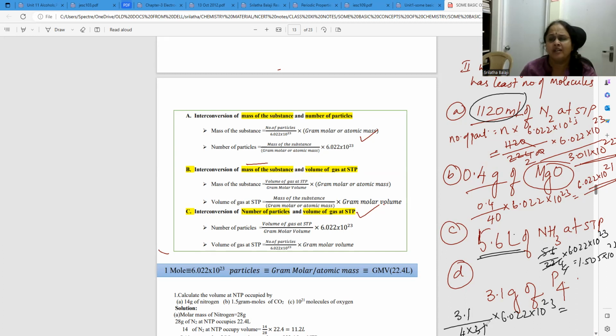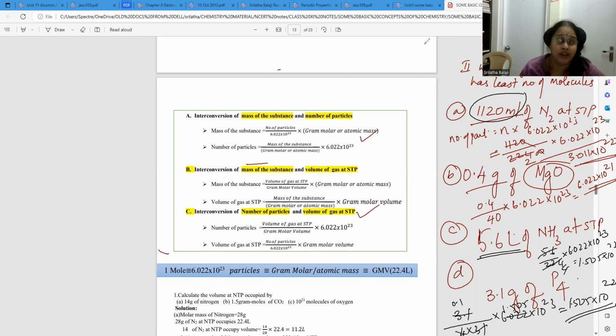Ma'am, 3.1. 1.505 into 10 power, again you get the same thing. 3.1 by 31 is 0.1. And this 4 will go, 1.505, so into 10 power 22. Got it? The values I have given are simple values. They are not complicated values. You can easily get these answers. It's like 1 by 4, 1 by 10. Like this only you're getting the factors.